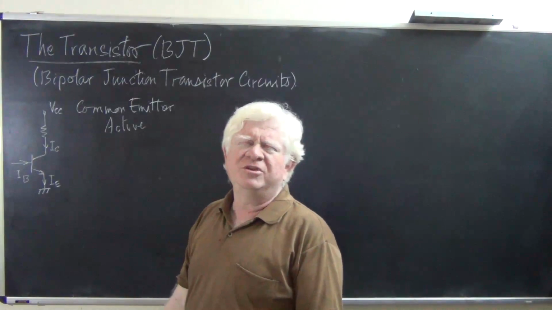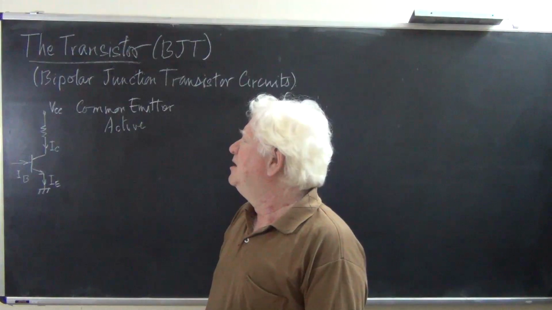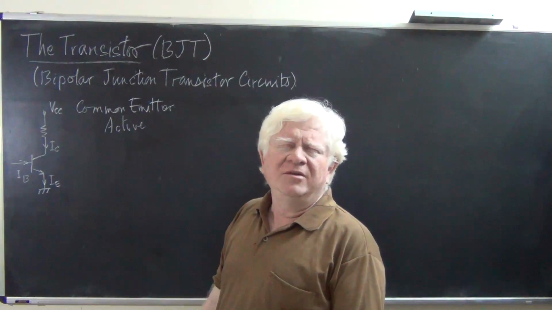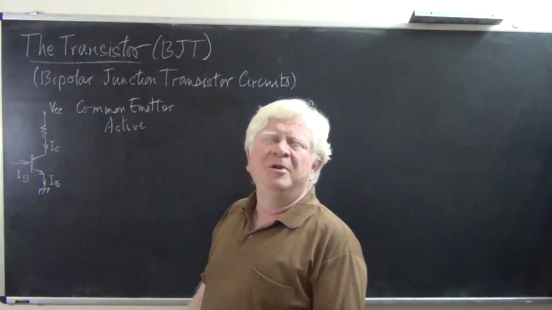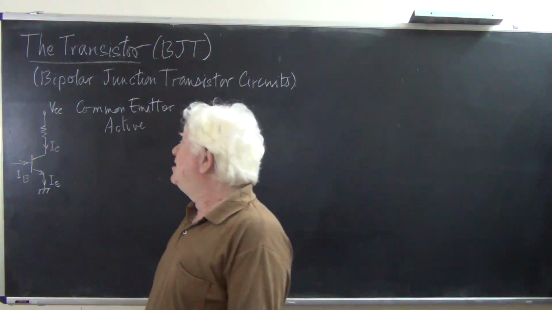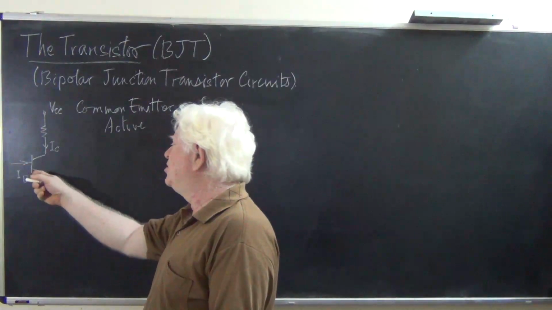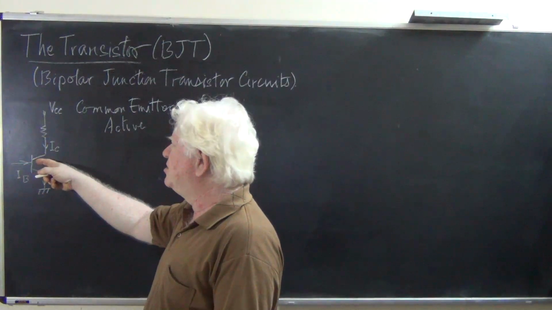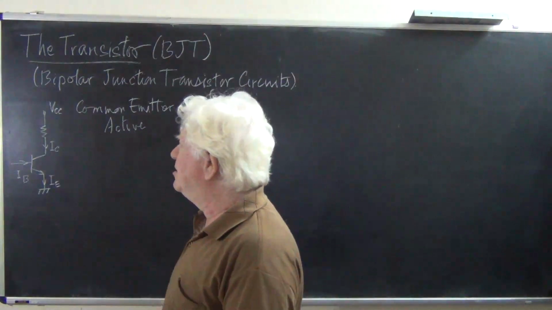How we are going to achieve this is a separate question, and there are different ways of doing the same thing. But right now we will understand what happens provided by some invisible means we have ensured that this transistor is operating in the active mode, that is to say that this junction is forward biased and that this junction is reverse biased. So let's see what happens in this particular case.